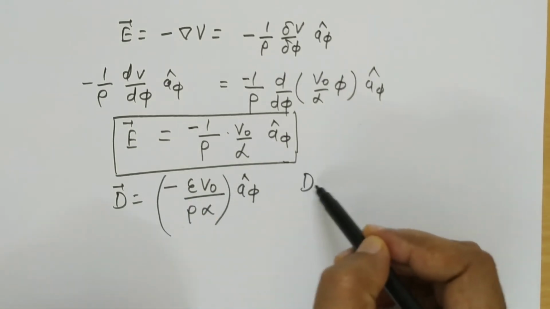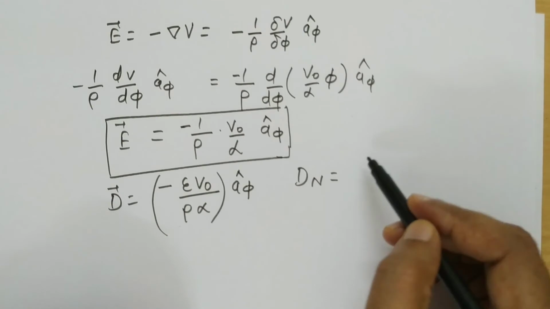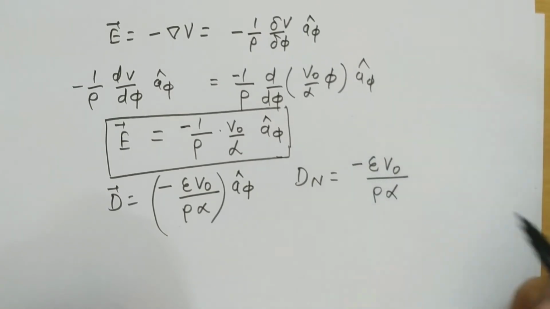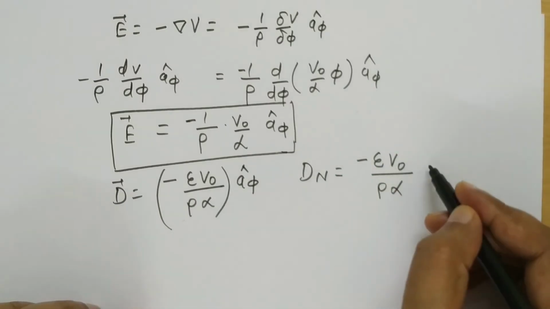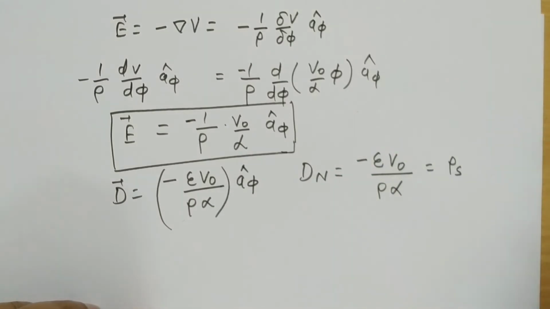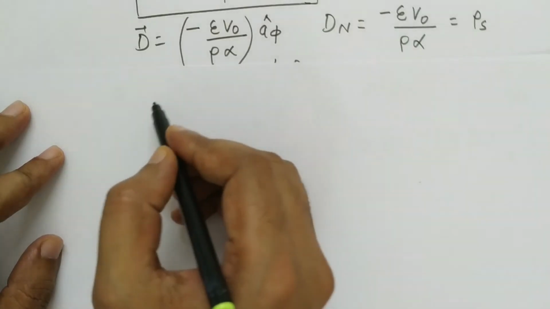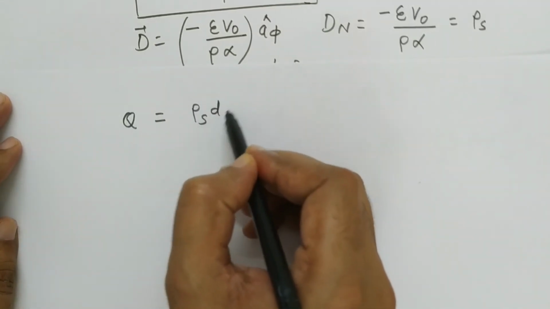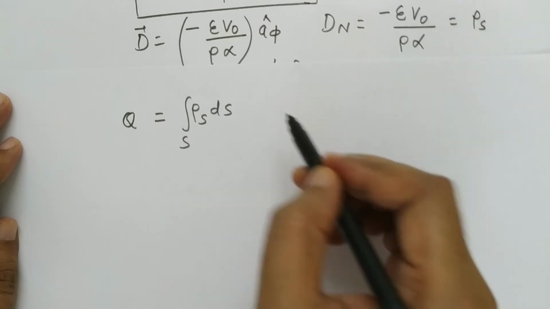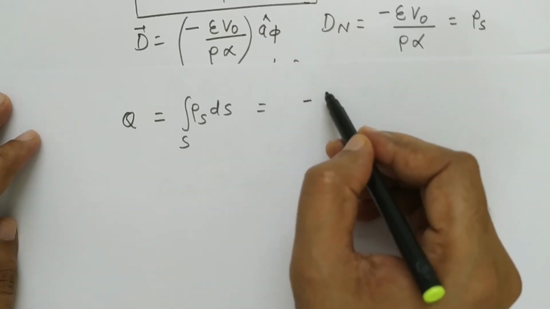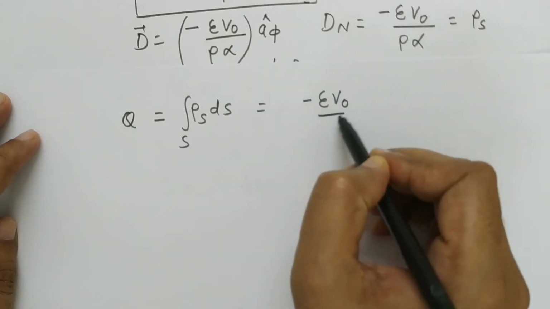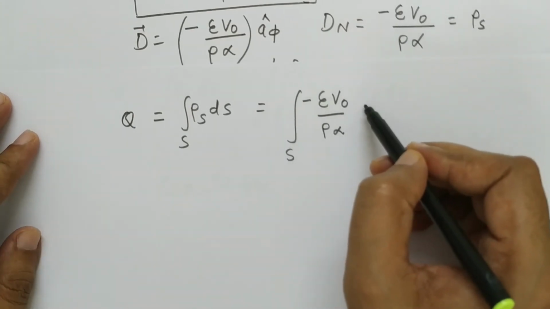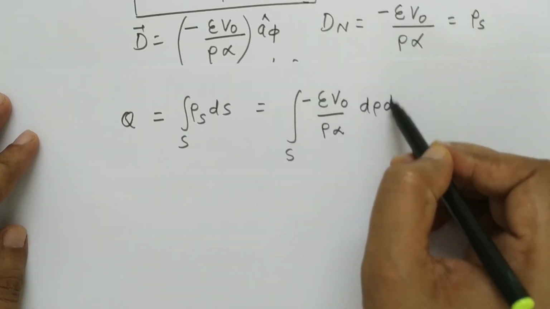So you can write Dn as minus epsilon V naught by rho alpha. So this is equal to rho s. Now find out the total charge, which is equal to the surface integration of rho s ds. So rho s is minus epsilon V naught by rho alpha, and ds is d rho into dz.